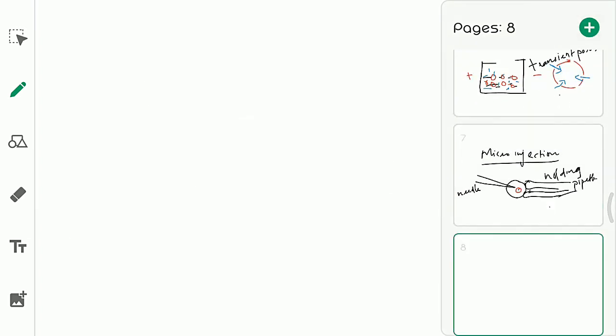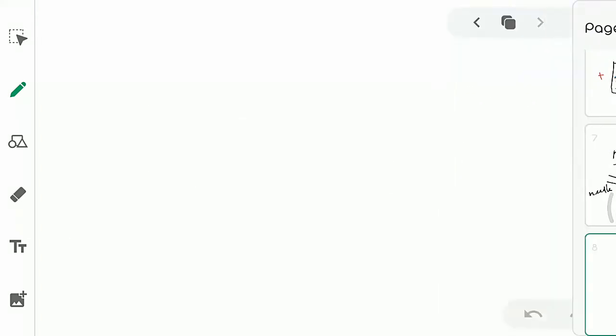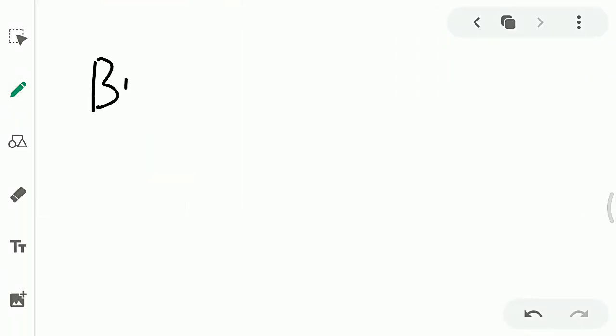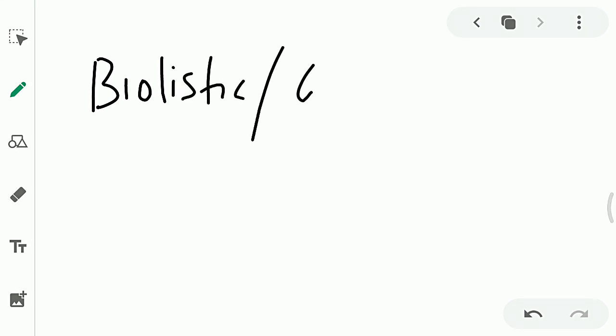Now moving on to the next technique, that is biolistic. This is also known as gene gun, which is also known as particle gun.